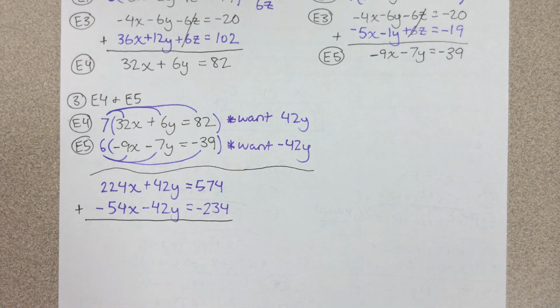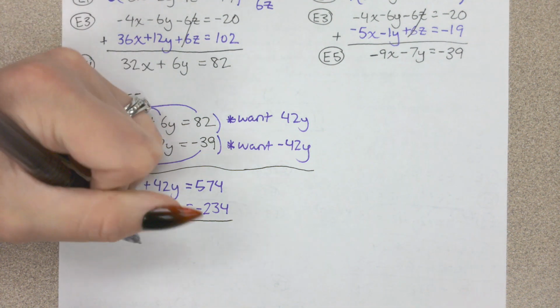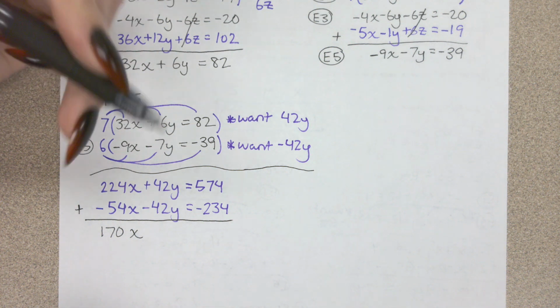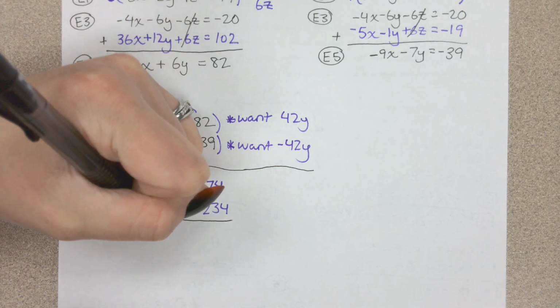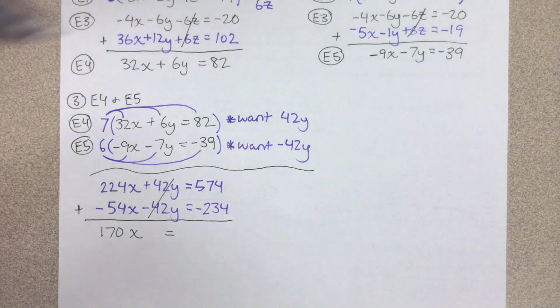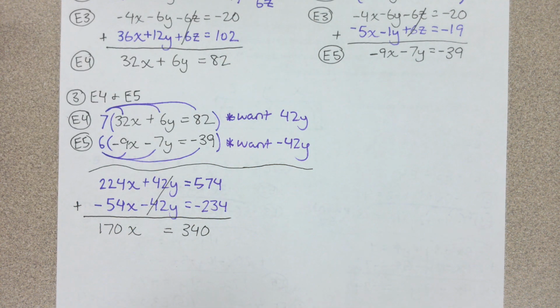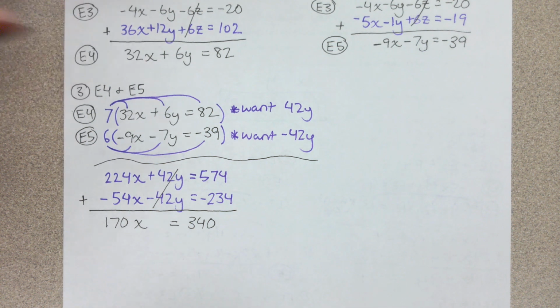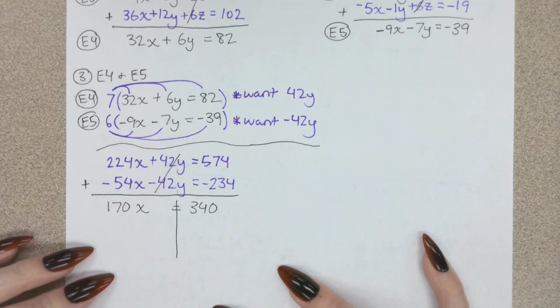All right, 224 minus 54, that is 170x. The 42y's are going to cancel. I've got a positive and a negative. 574 minus 234, that is positive 340. Yes. And then lastly, solve for x.